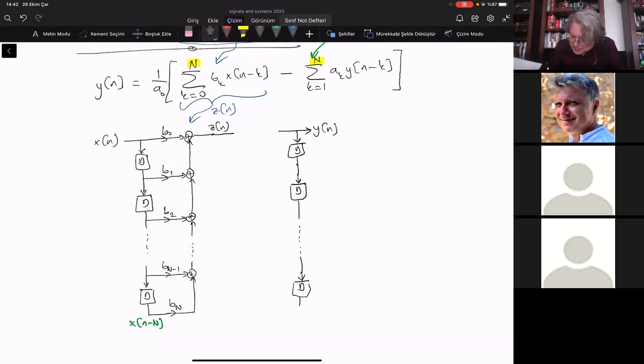And the last delay will be multiplied by, is there anyone who can tell me what is the scale when k is equal to capital N, the last one? Look at this part. When k reaches N, it corresponds to y of n minus capital N, and it is multiplied by something. What is it? A sub N, a sub capital N. That's almost correct, but notice that we have a minus sign here.